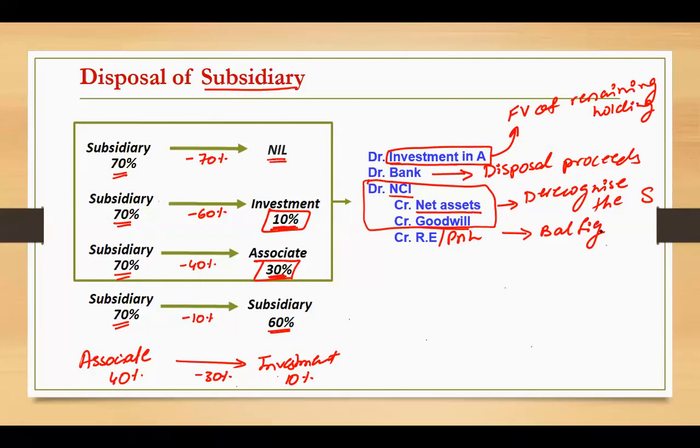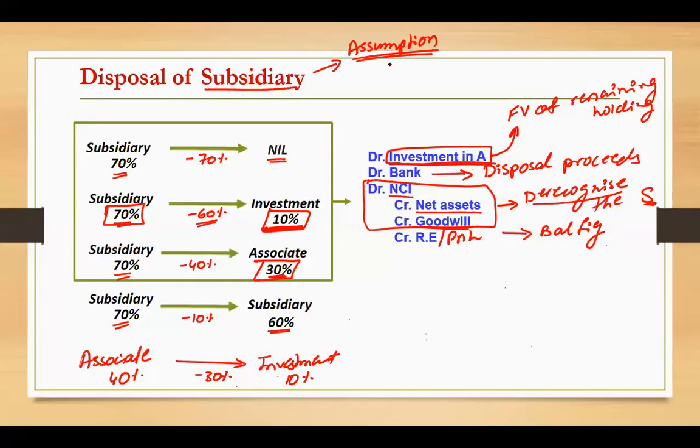So basically what we are doing, we are making the accounting based on an assumption that we haven't sold 60% of the shares, rather we have sold entire 70%, and then we have purchased 10%. That is why first we are de-recognizing the 70% owned subsidiary, and then we are recognizing our investment in associate.